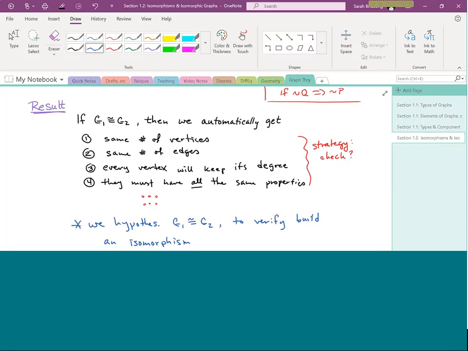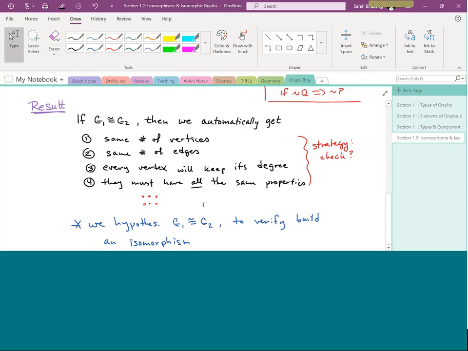You typically have multiple options for isomorphisms that would work if your two graphs are isomorphic. Now, if your two graphs are not isomorphic, there's some property that's not the same among the two graphs, and you'll be able to find it in this list of things. Okay? But that's the idea behind isomorphic graphs.